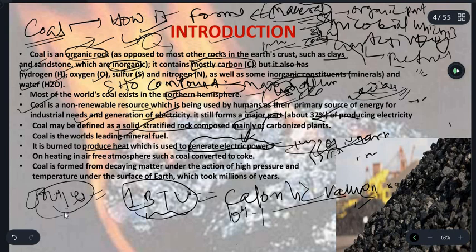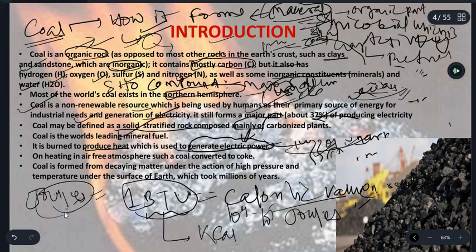I think 10 to the power 4 to 10 to the power 5 joules if you convert. Okay. And another is kilocalorie. Kilocalorie is also a unit, right? You can measure the heat.